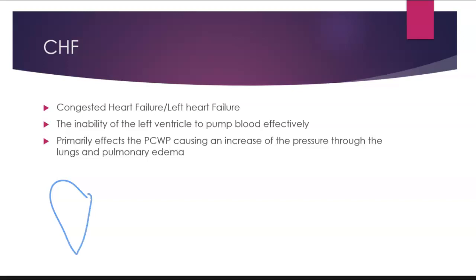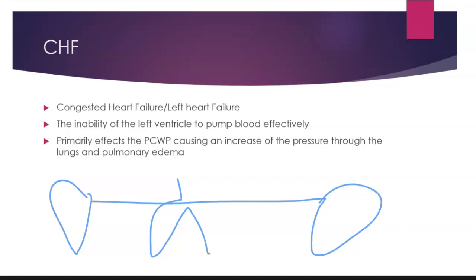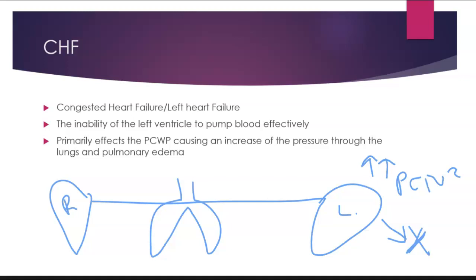Okay, so my right heart, my left heart, and my lungs again. If my problem is that this left ventricle isn't able to pump blood out of it effectively, then this pressure here is going to increase primarily, which is my PCWP, which reflects my left ventricle.